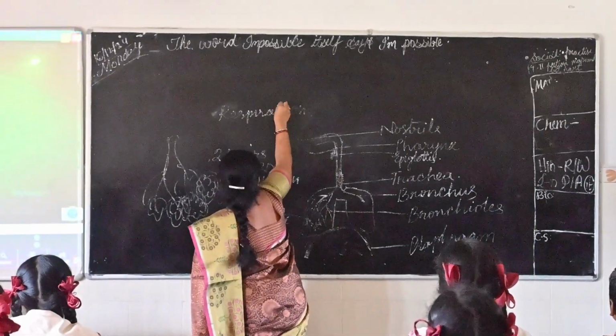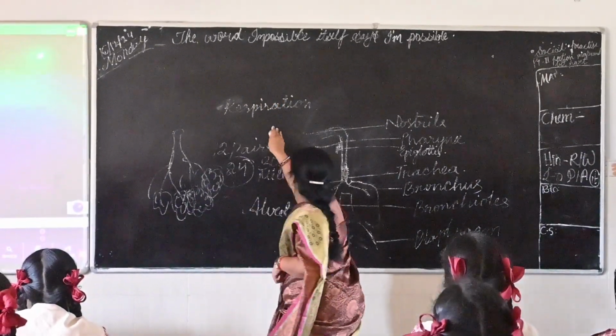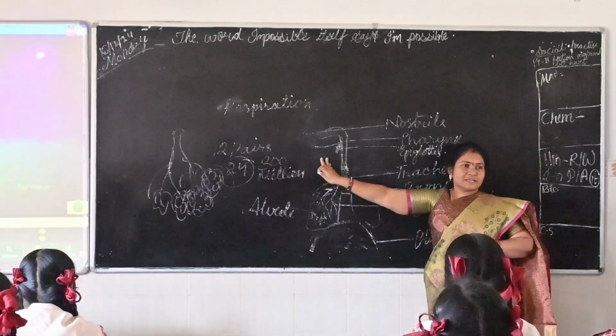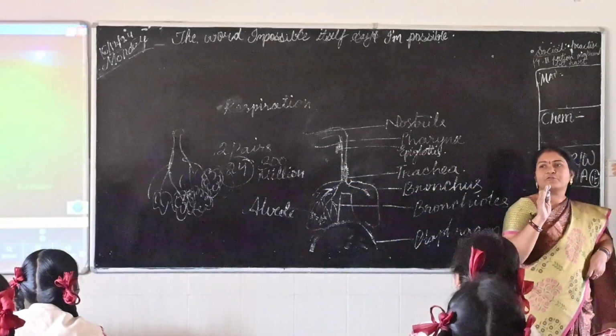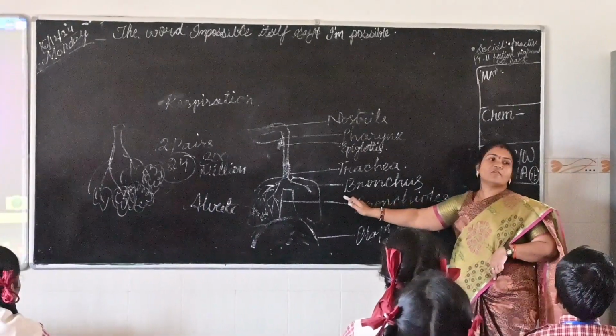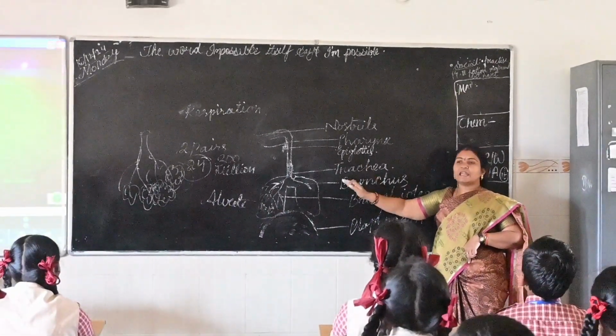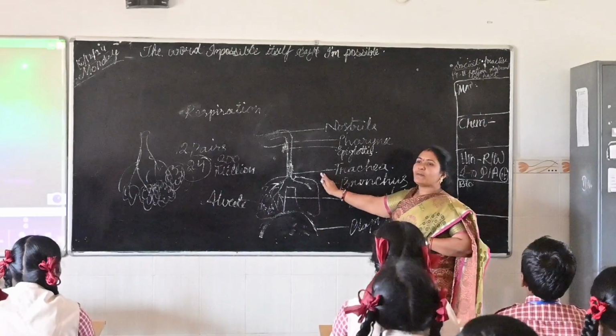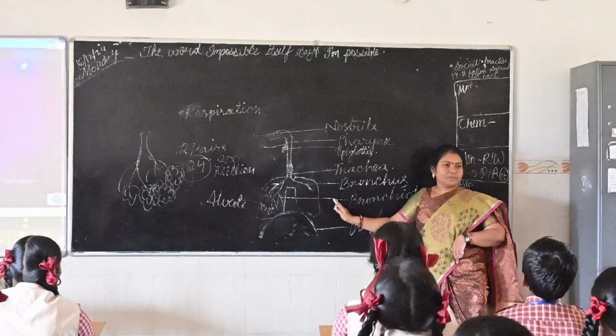So now what is respiration? Respiration is a process in which the food is oxidized in the presence of oxygen, and energy is released to every part of the body.